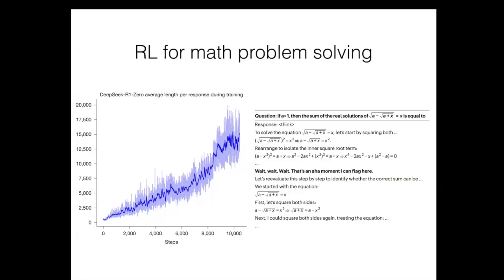One thing they noticed is that the model was learning different strategies. In particular, as it was generating a solution, it would say, oh, wait, maybe what I'm doing so far is wrong. Let me reevaluate what I'm doing and take a different strategy. Or, after trying many alternative strategies, it says, wait, oh, I have some key insight.